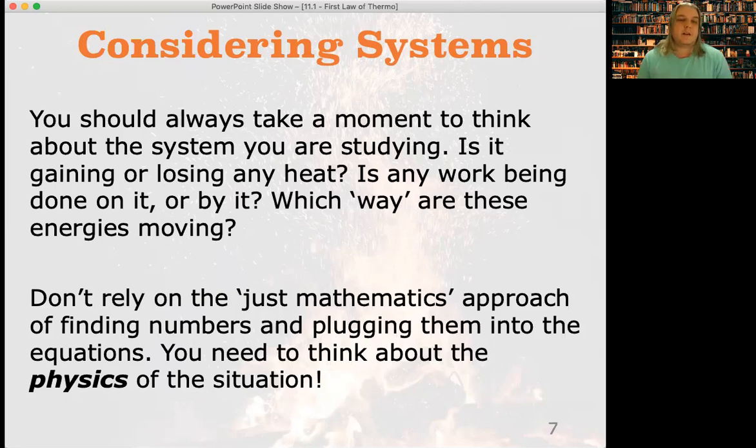So what you need to do is actually be able to think about the physics of the situation. So before you do any of the number crunching, before you do any of the equations, you should always be stopping, thinking about the system, doing whatever you need to do, some diagrams, just sit there and think about it for a moment, whatever you want, but try and figure out what the system is doing, and then find the equations, find the values, and do some calculations.